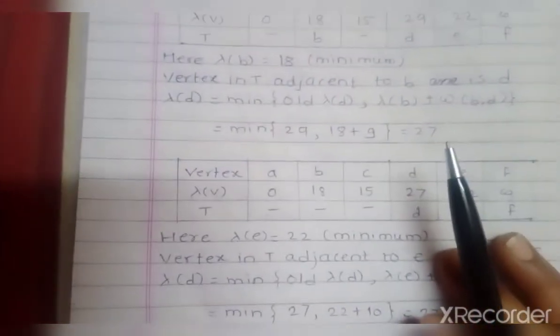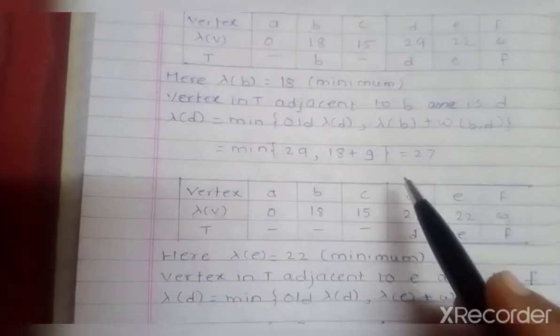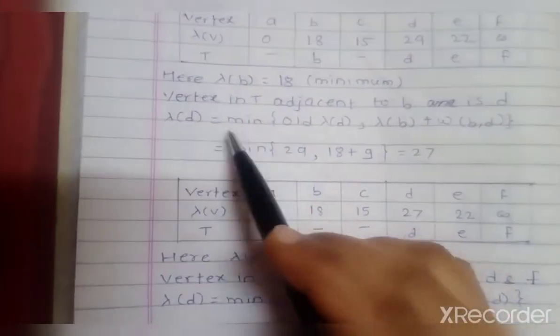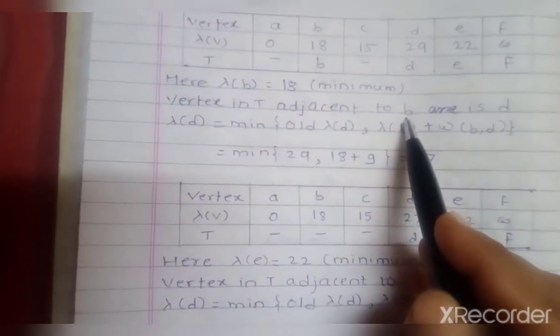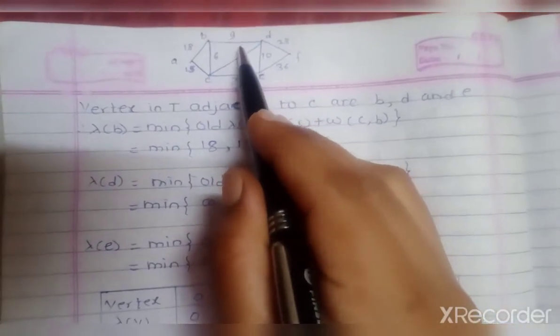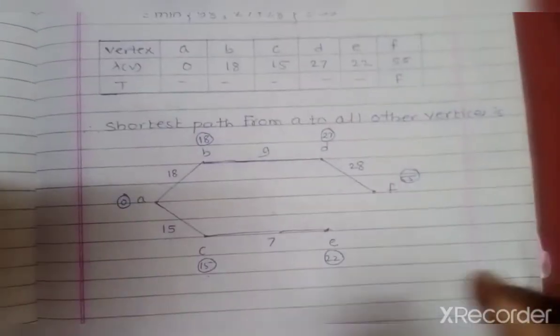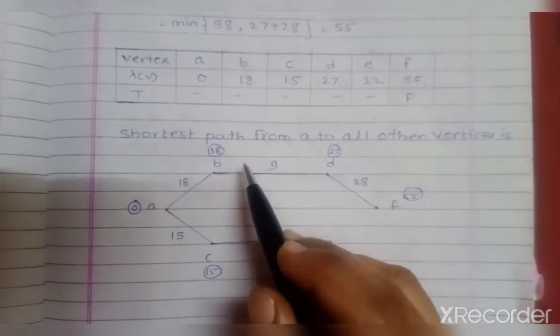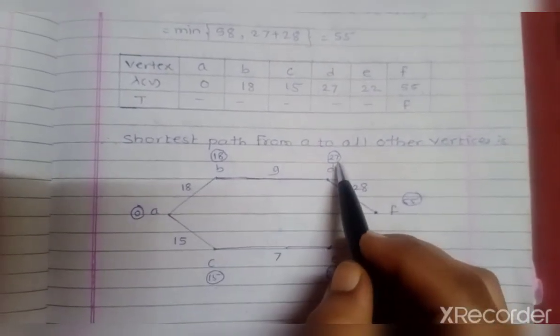Then again we go to the next step. Lambda of D equals 27. This D is adjacent of B. So we draw the edge between B and D. And see what weight is assigned there: 9. This is given in the example, so we write down 9 here. So 18 plus 9 is 27.